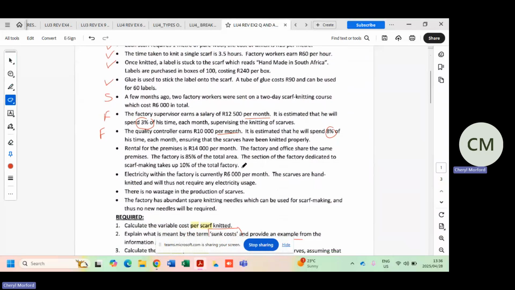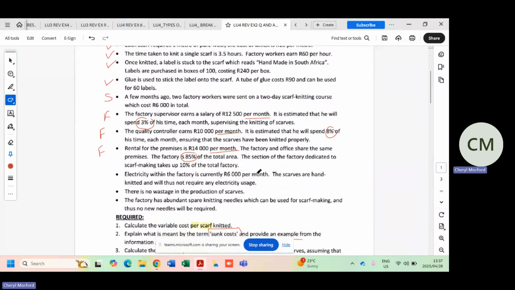All right, then moving on to factory rent. Once again, the clue is here. It's per month. That means it's fixed. We need to see whether any of this rent is attributable to the scarves. So this rent here is for both the factory and the office. So first of all, we need to apportion the space based on area of the factory. So our first adjustment is we're going to find 85% of the 14,000.